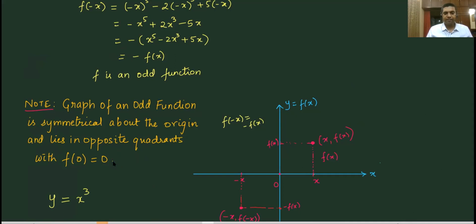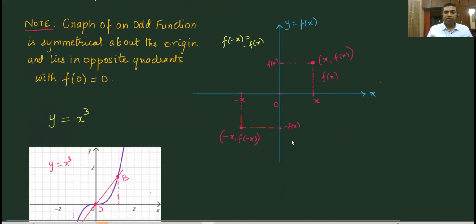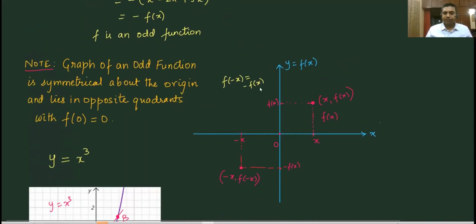What does that mean? Here is the understanding of it. Say at x, the value is f of x. So whatever be this particular length, now f of minus x will be minus of f of x.